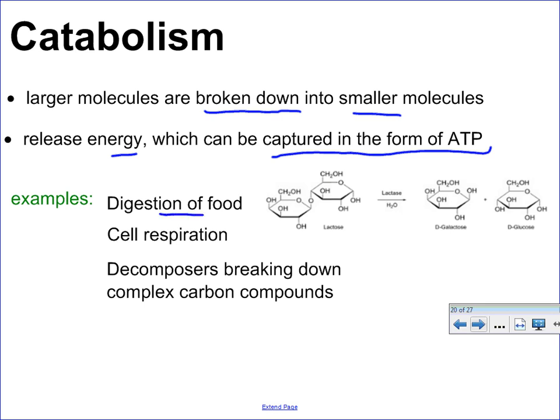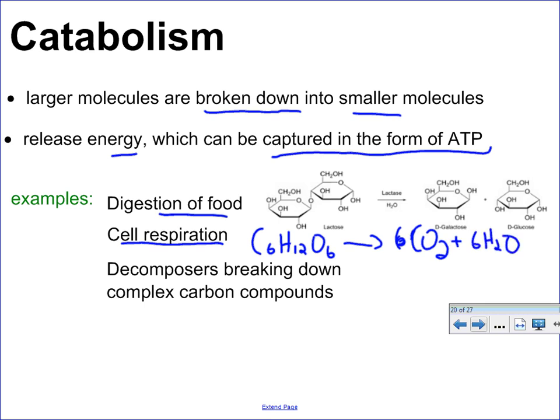Examples include the digestion of food, and cellular respiration, where glucose, that big molecule, is broken down into the smaller molecules of carbon dioxide and water. Or, for example, decomposers breaking down complex carbon compounds into smaller molecules.